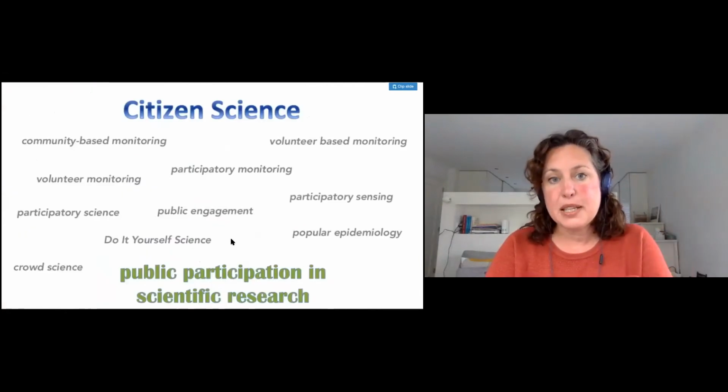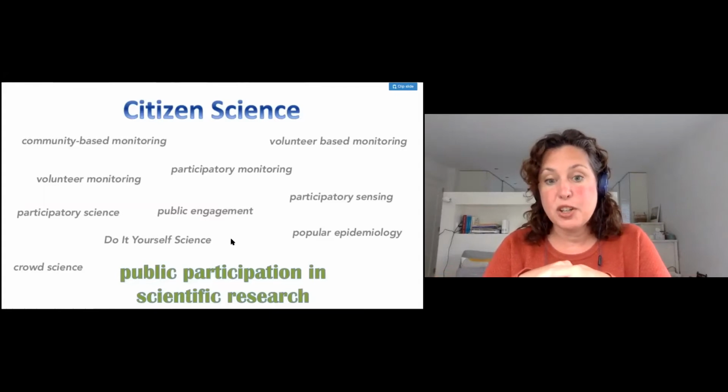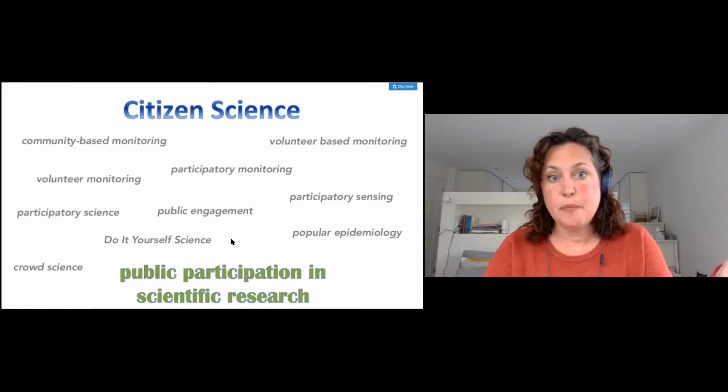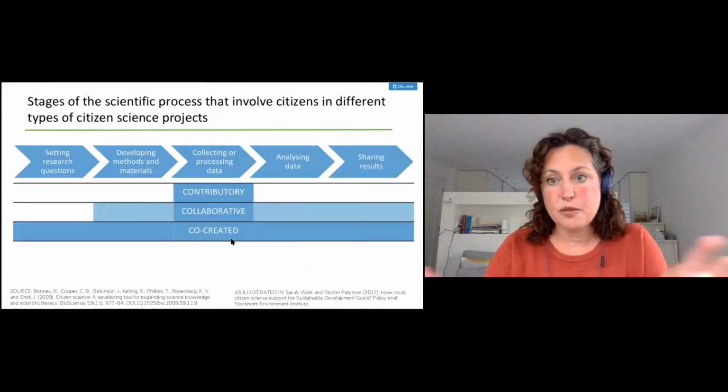So if you look at the basics of what citizen science is, and here's some of the most common terms, it's about the public participating in scientific research. And this is across a wide range of aspects of the research process.